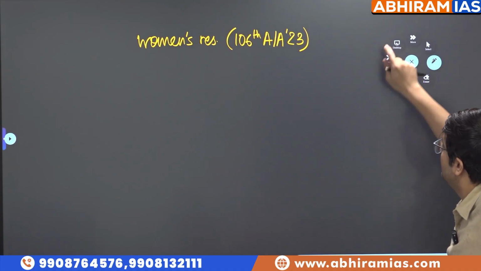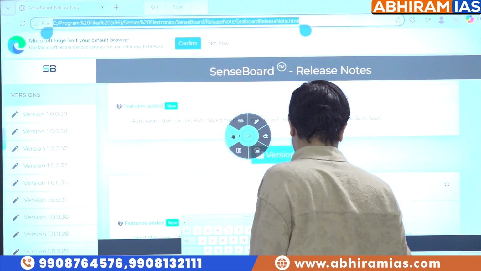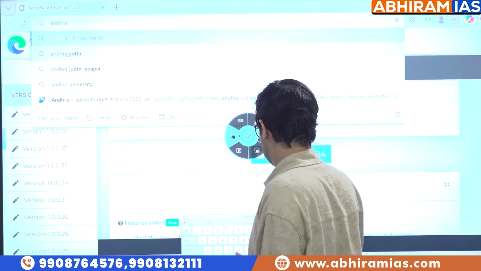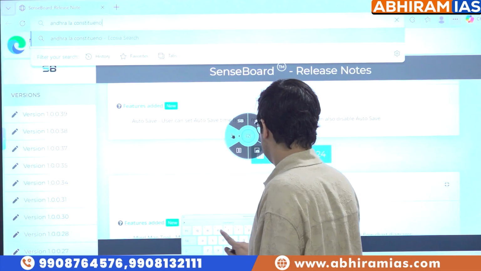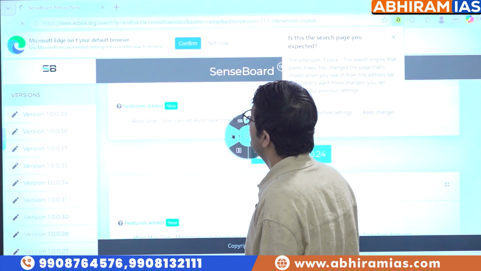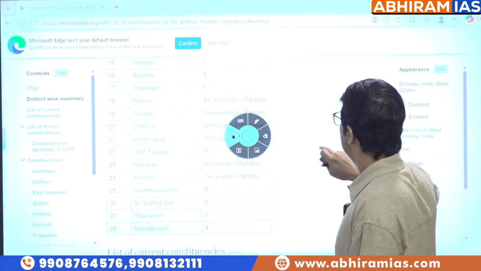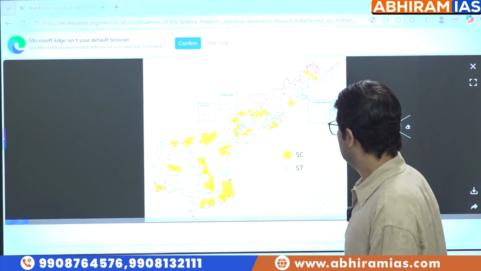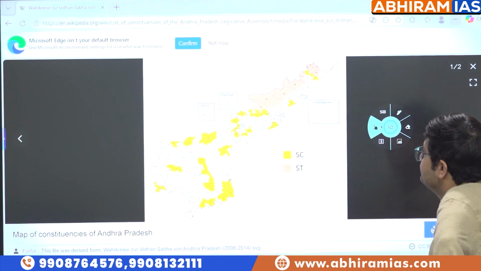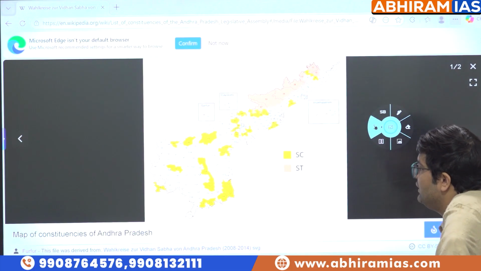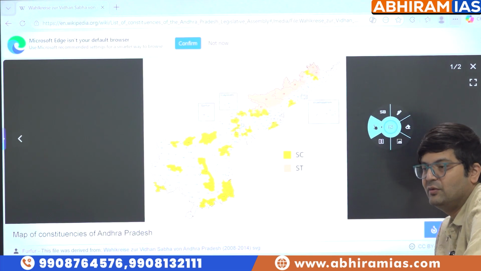You can just see as well your state's territorial boundaries. Where is the photograph? Okay. This is the Andhra territorial constituencies map. So you can see here, the state is divided into how many? Till here, 170, starting from 1, 2, 3, 4 till 175 constituencies.